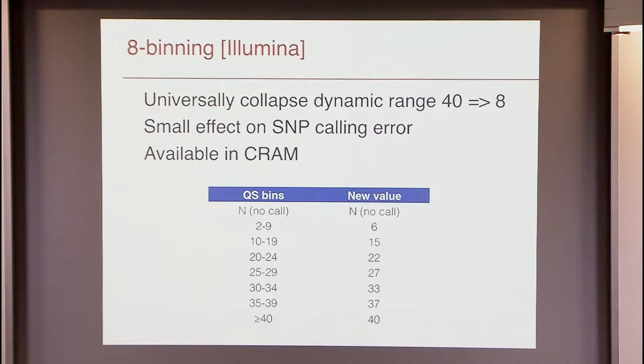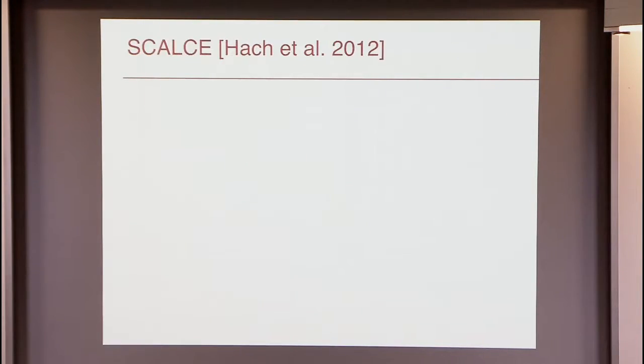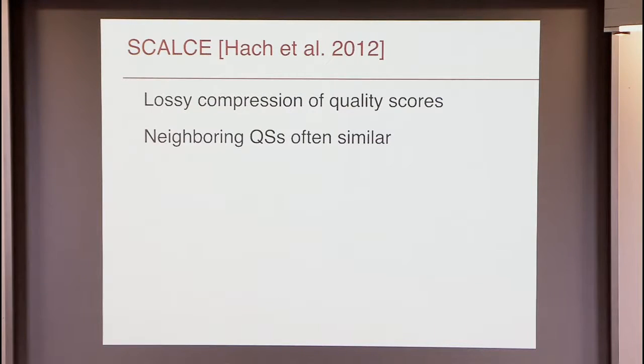But I want to talk about a couple of approaches that are, I think, a little more interesting. SCALCE also includes lossy compression of quality scores. And the observation here is that neighboring quality scores are often similar. And this observation is also going to be true in something else I'm going to talk about.